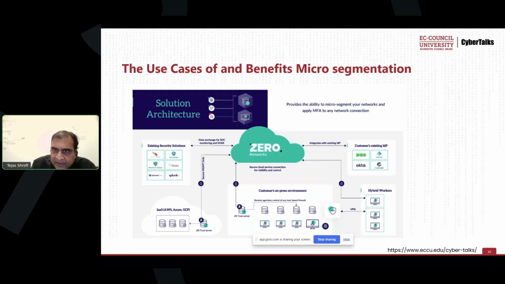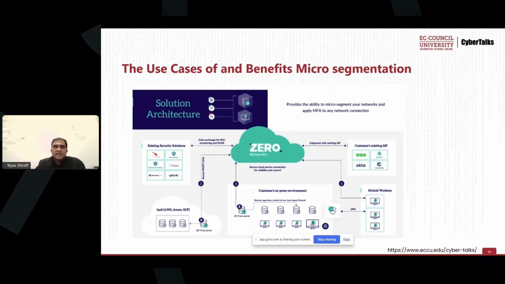You have your hybrid workers that you're connecting. The customer is using an identity and access management solution. They have existing IDPs that they're playing with. So your Zero Networks is communicating with them, and Zero Networks is a company which is actually providing microsegmentation services as well. So you're integrating with your existing IDP.